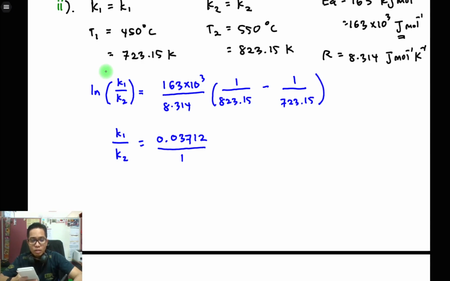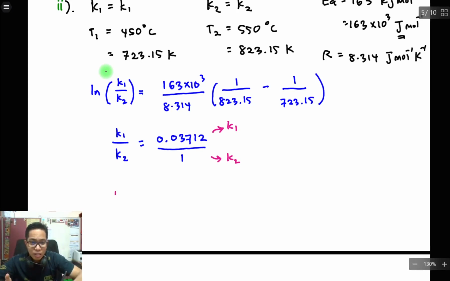So in this part, 0.03712 is for K1 and the value of 1 is for K2. So how many times does the rate increase? Kita kena terbalikkan. Jadi K2 divided by K1.